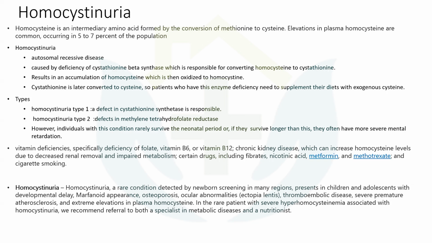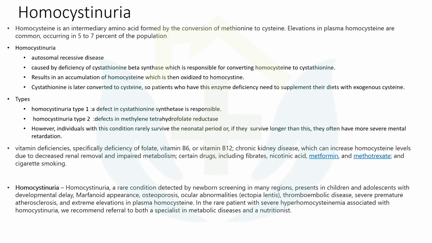In these two enzymes, vitamin B6 is helping, and here also B12 is a cofactor, along with methylenetetrahydrofolate reductase. So whenever there is deficiency of these vitamins, they will also have an increased level of homocysteine.